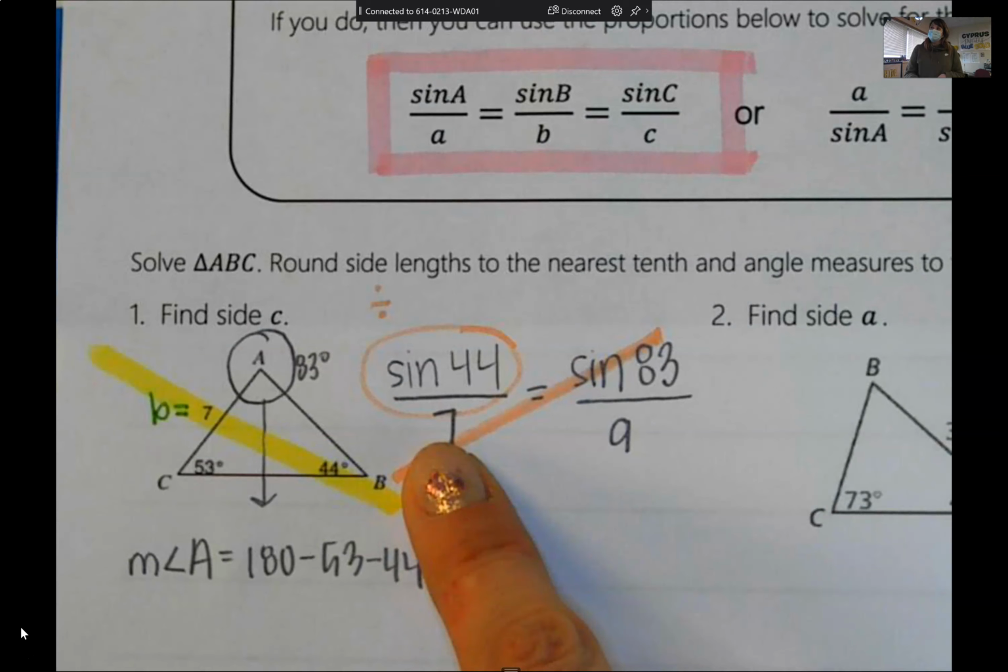So these top numbers have to be angles, bottom numbers are sides. This is the same exact formula. They've just flipped the fraction, and that's okay. So that all of us are on the same page, we're going to use this first formula. We're going to put our angles on the top.